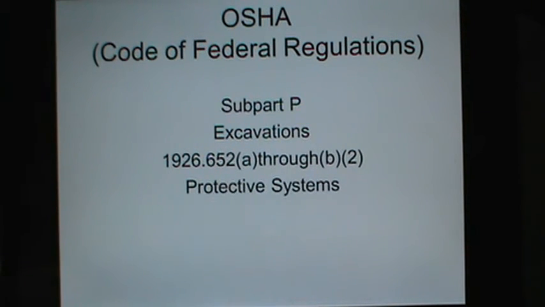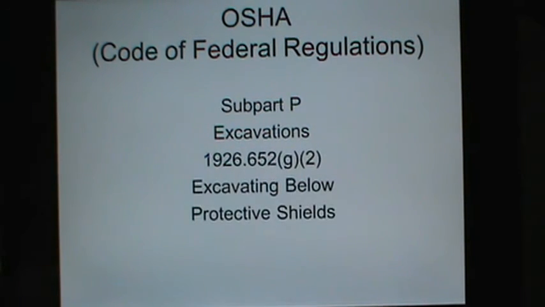And that'll become clearer here in just a minute. We'll talk about a type A, a type B, and a type C soil in just a minute. But before we do that, I do want you to highlight 652G2, and this is when you're excavating below a protective shield, and you can go 2 feet. So make sure that you can find that in that paragraph.